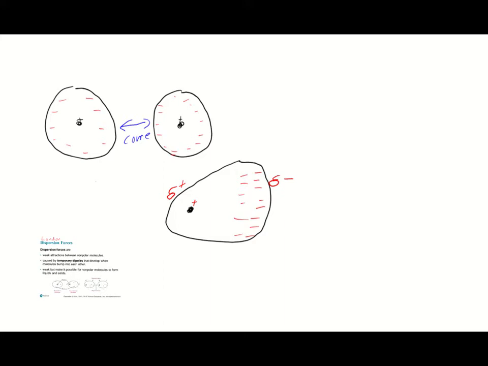Well, it's not just two atoms that are coming together in too close proximity. Lots of atoms are coming in too close proximity of each other. So at the same time that atom's distorting, guess what? The atom next door to it is distorting and creating its own area of partial positive and partial negative charge.